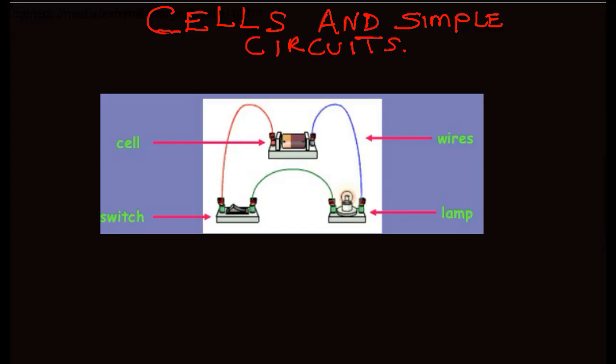Cells and simple circuits. Electrical devices used in homes like torches, radios, fridges and the rest require energy in order to function.